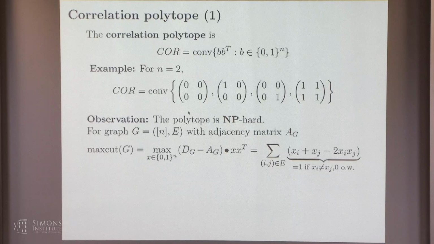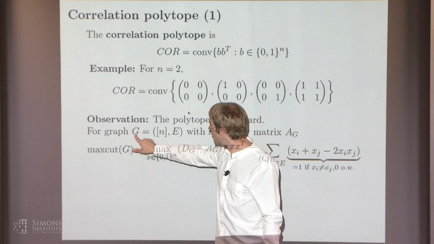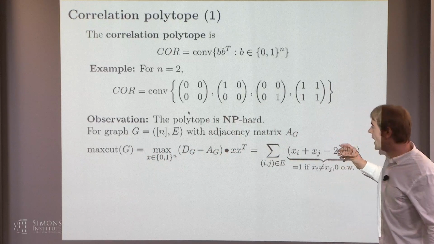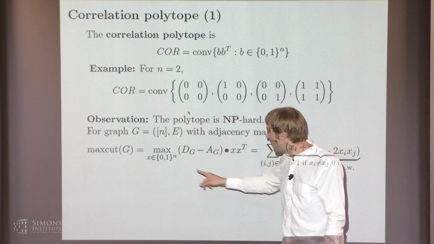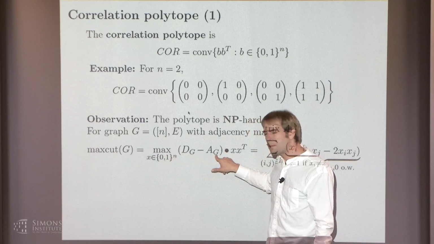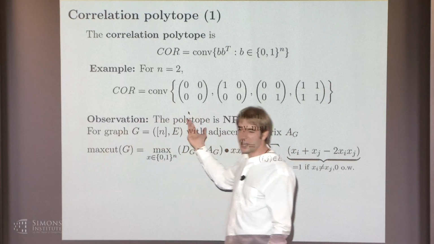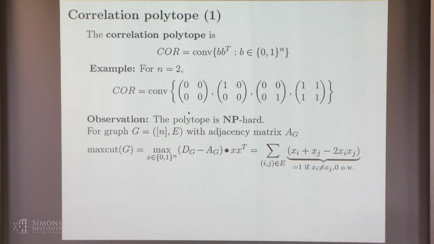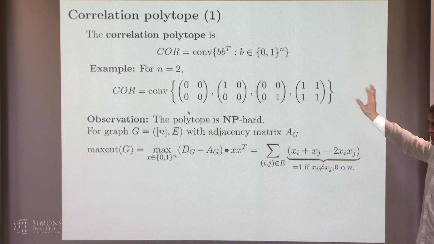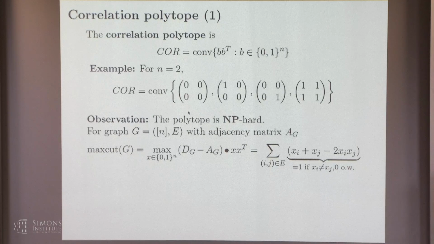I think the easiest way to show NP-hardness is that if you have any graph on n vertices, and you maximize what I think is called the Laplacian over the polytope, then what you're actually getting is the value of the max cut. And max cut is an NP-hard problem. So this is an NP-hard polytope in some sense, but we would like to show that there is no linear program of small size.